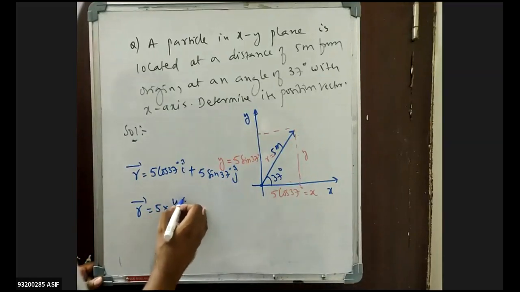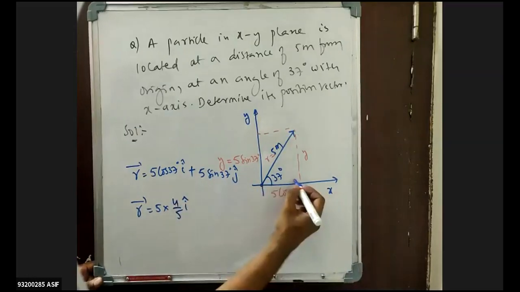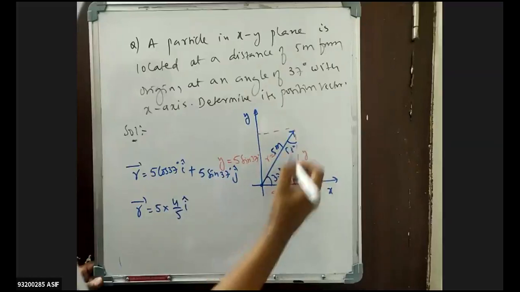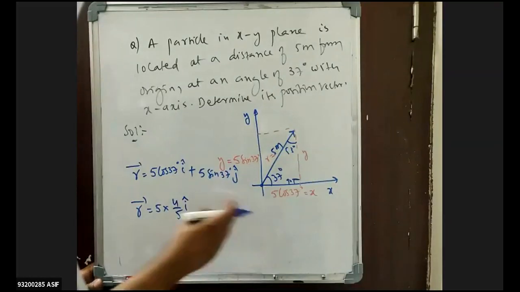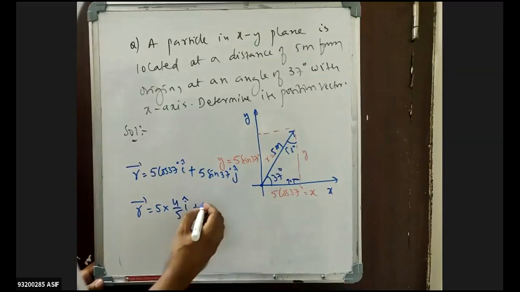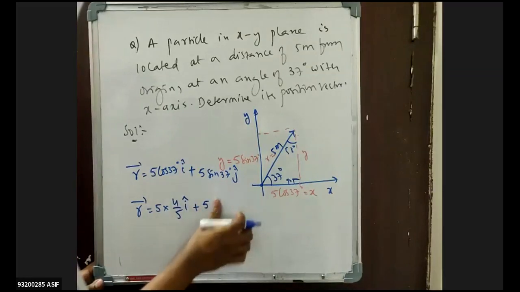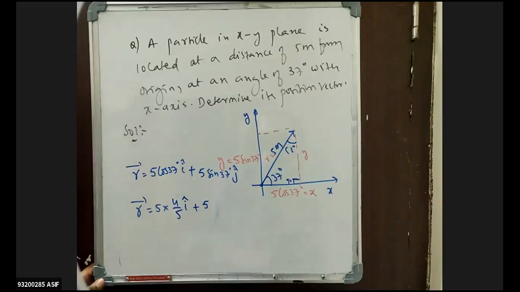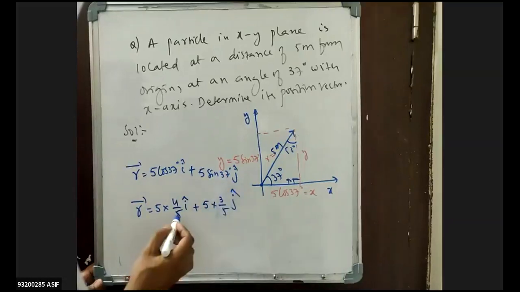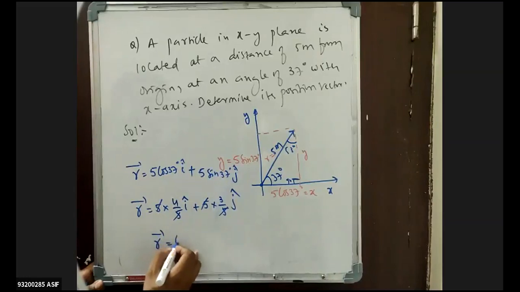If this angle is 37 and this is 90, this will automatically be 53. So cos 37 is 4 by 5 i cap plus 5 into sin 37. Can anyone tell me what sin 37 is? Sin 37 is 3 by 5, in terms of j cap. So this 5 gets cancelled. So r bar is equal to 4 i cap plus 3 j cap.